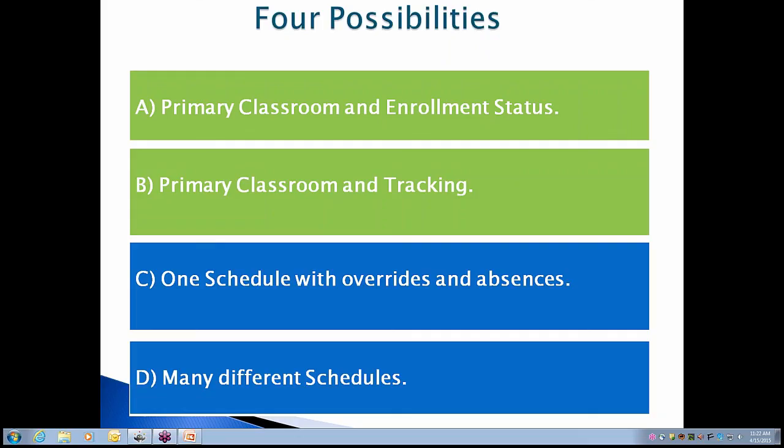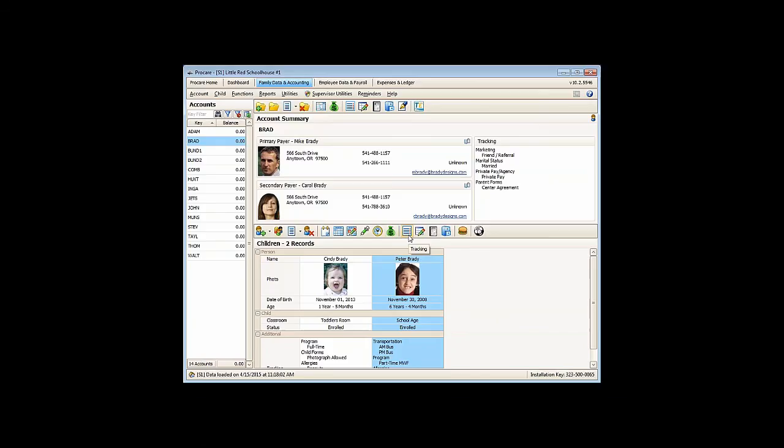It's really nice for programs where you're not really charging anything different than you charge during your normal school year. You just want to know, I'm going to skip some children some weeks. So the enrollment status really is simple there. The other section, or the second category of how to do this, primary classroom and tracking, really is the simplest to do for having the most granular ability without having to do a lot of work.